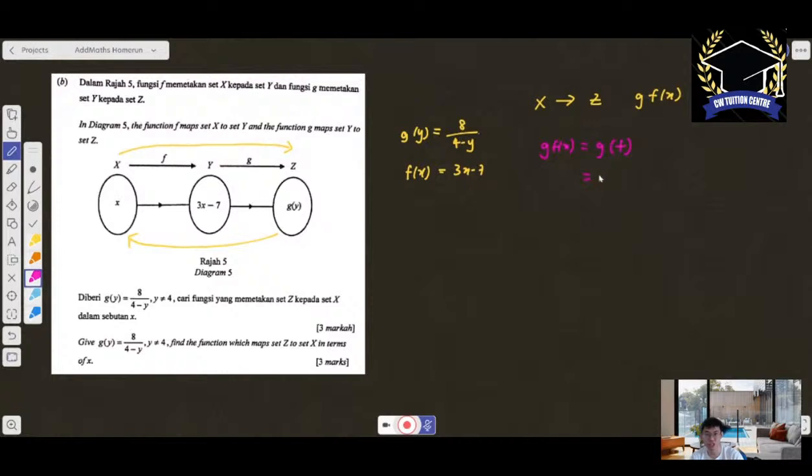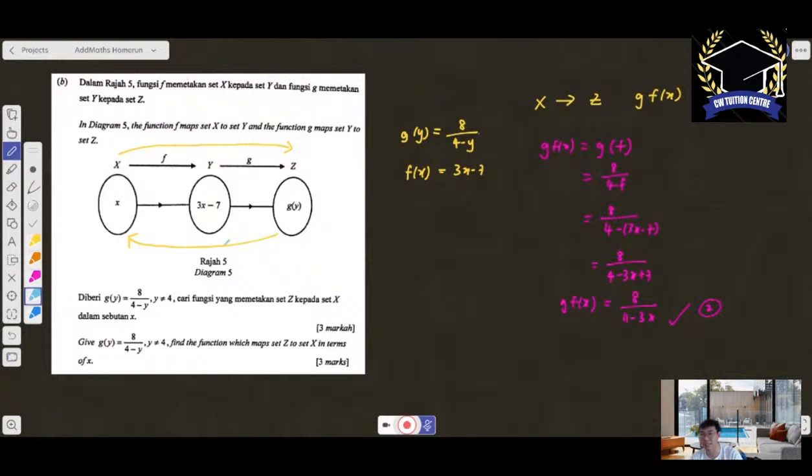So in the g, 8 over 4 minus f. So 8 over 4 minus (3x minus 7). So expanding, 8 over 4 minus 3x plus 7. So gf(x) is 8 over 11 minus 3x. You get 2 marks here first. You find the gf(x), you get the 2 marks.